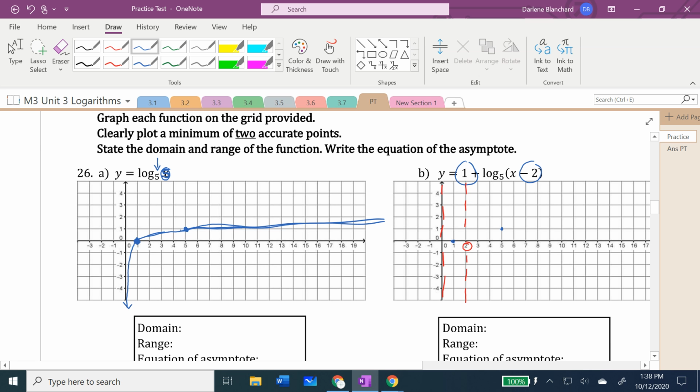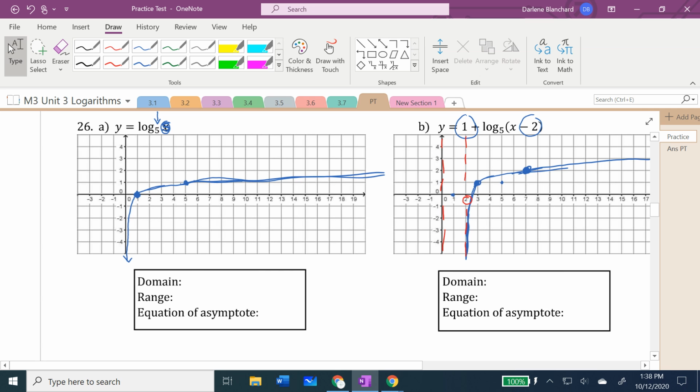Now I'm going to take the point that was 1, 0, move it right 2, up 1. I'm going to take the point that was 5, 1, move it right 2, up 1. I'm going to overemphasize those 2 points. Again, you don't have to draw that asymptote, but you do have to show an asymptoting of the graph.